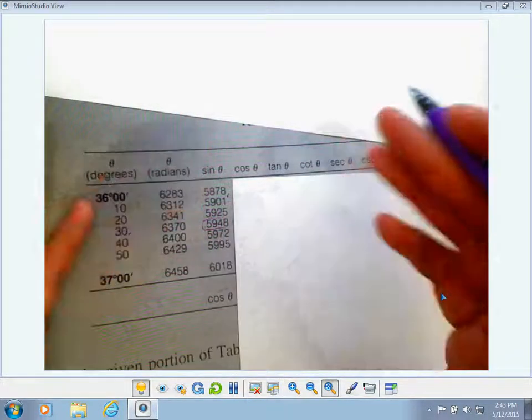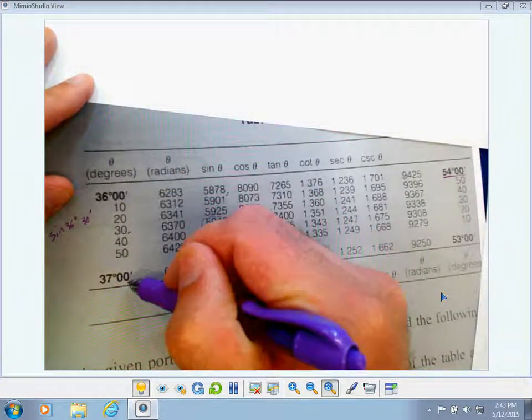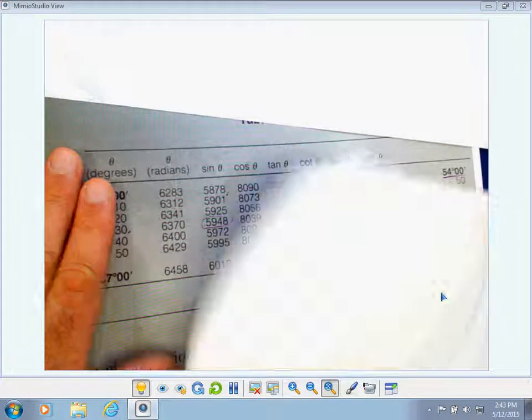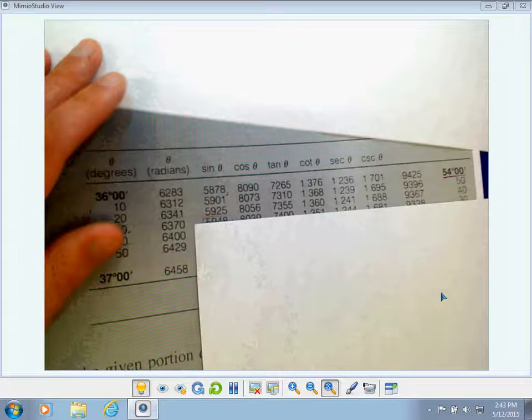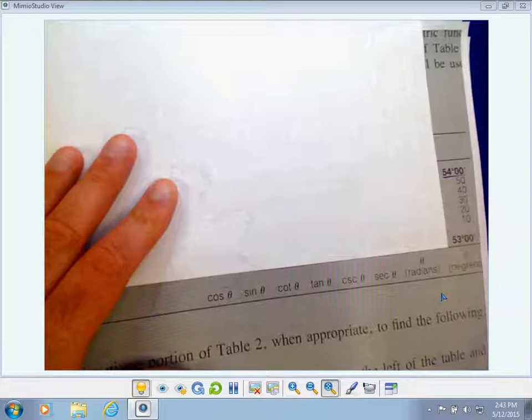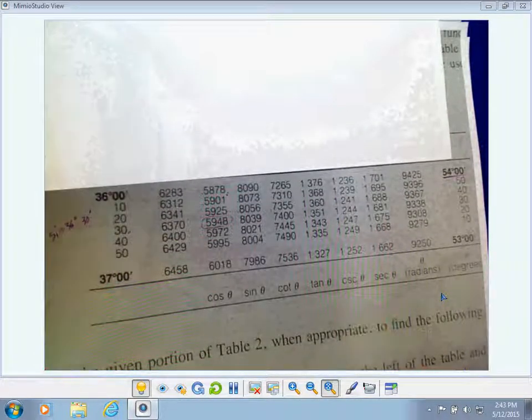They work opposite of each other. So if you're reading a degree from 36 to 37 off of this, you would use the left column and the top table. If you were reading an angle from 53 to 54 off of this, you would use the right column and the bottom table. You see? So it's just about reading a spreadsheet from there.